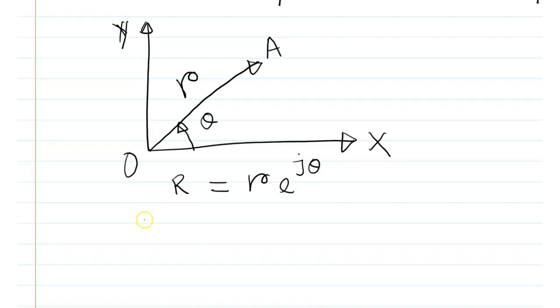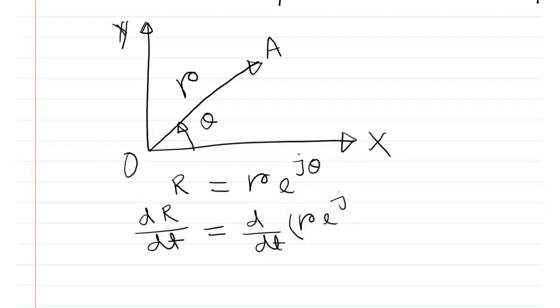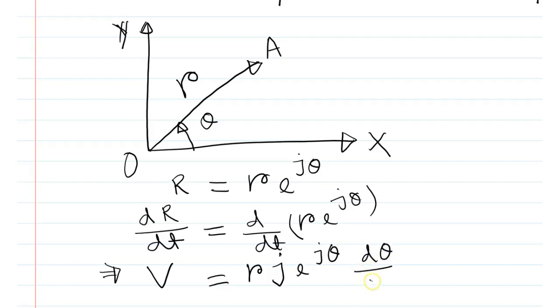Now, by definition, if we differentiate this position vector with respect to time, then we'll get velocity. So the differentiation is of r j e^(j theta) d theta by dt.